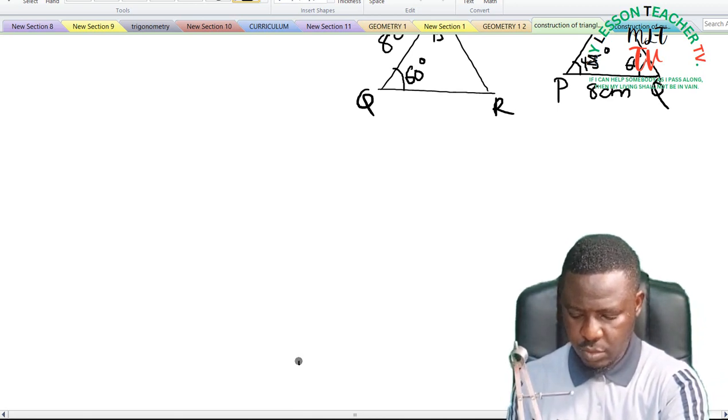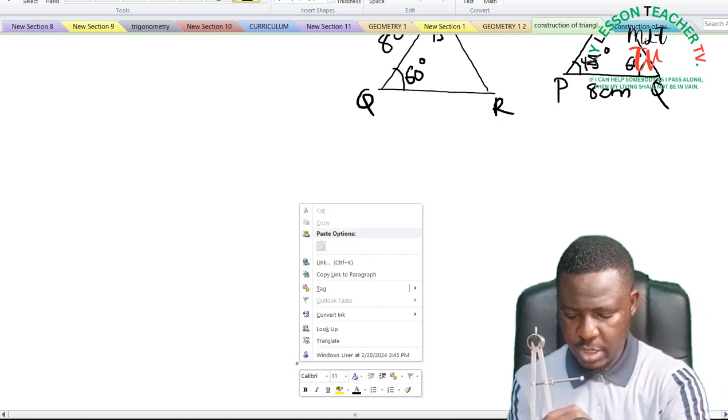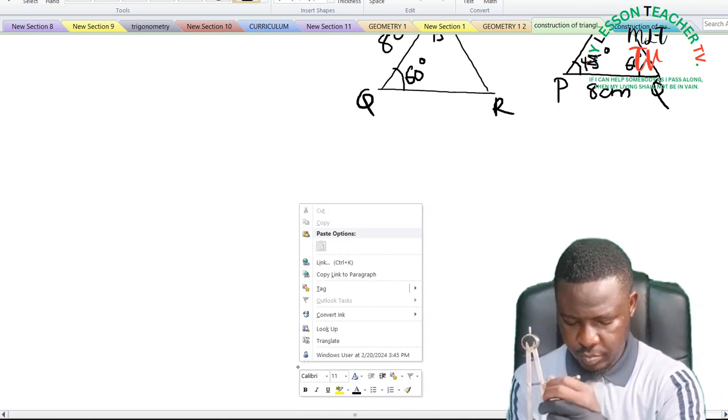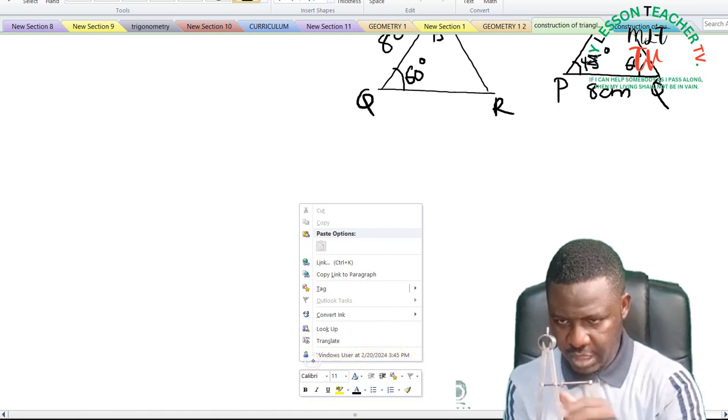So I have to extend it until I get to 8 centimeters. So this is 8 centimeters.